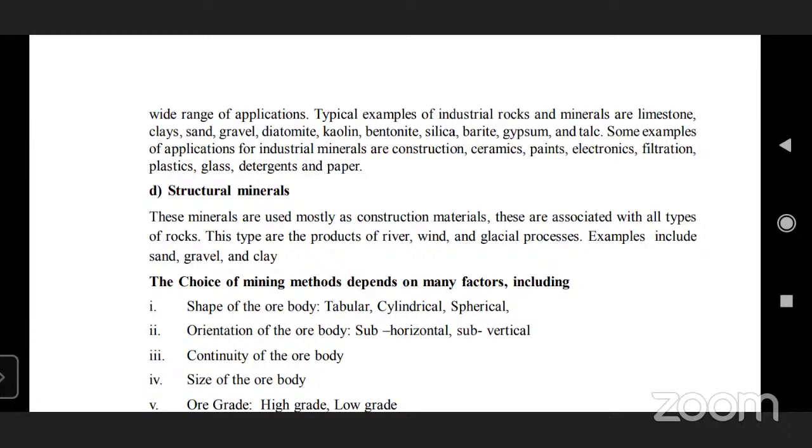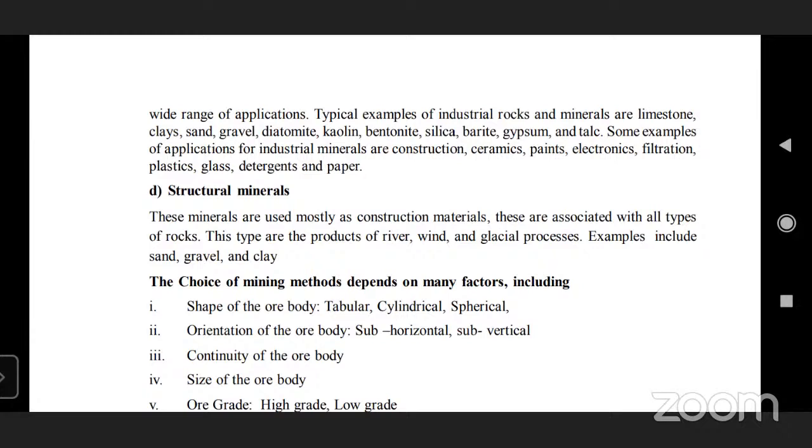So it means the industrial minerals are not fossil fuels and not a source of metals. They are used in the industries based on their physical and chemical properties, depending on the physical character and the chemical property, and all these parameters are considered.